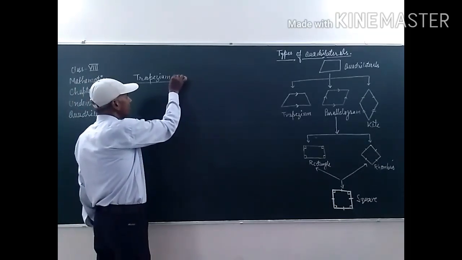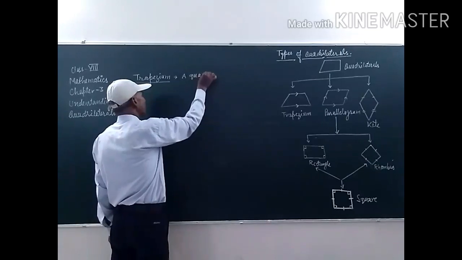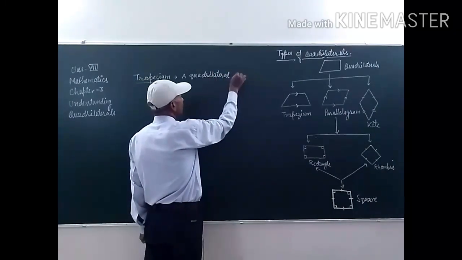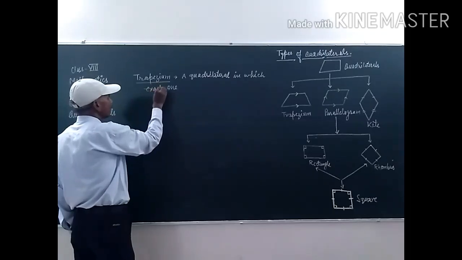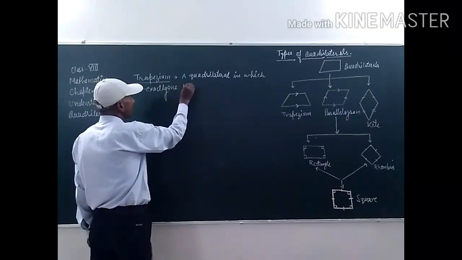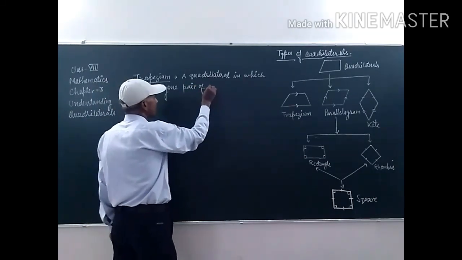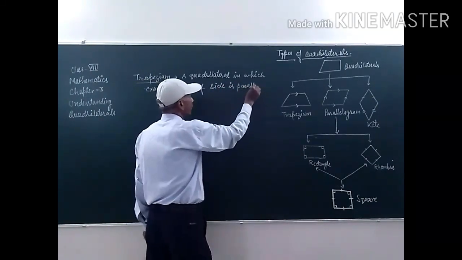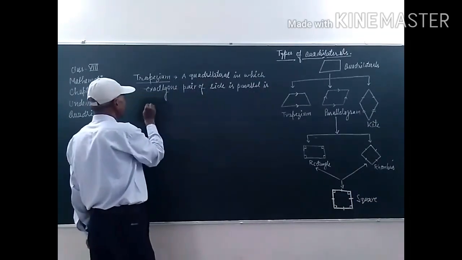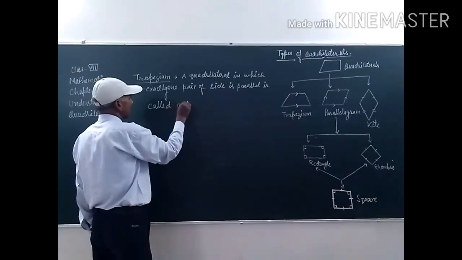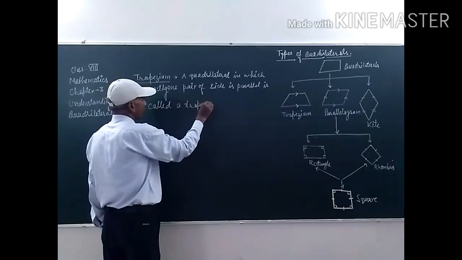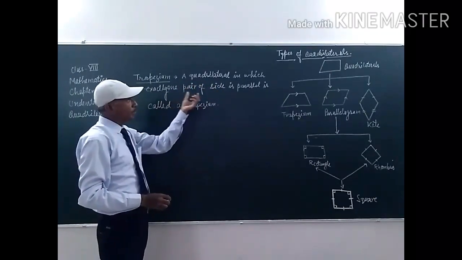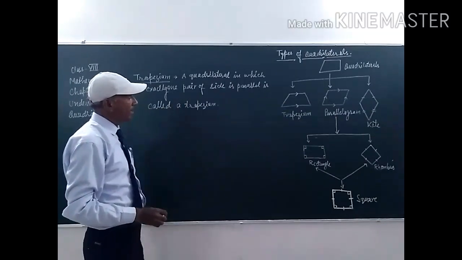A quadrilateral in which exactly one pair of sides is parallel is called a trapezium, students.